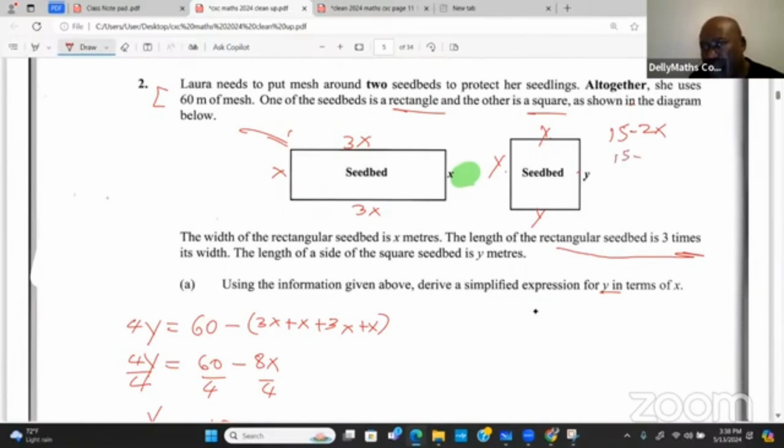So 15 minus 2 times 55.98. You're going to realize that there is an issue here. So 15 minus 2 times 55.98. You're going to get a negative number. This is negative 96.96.